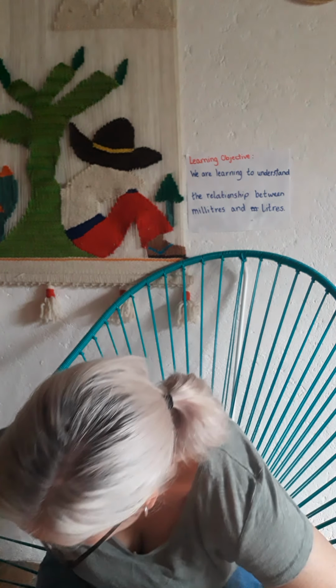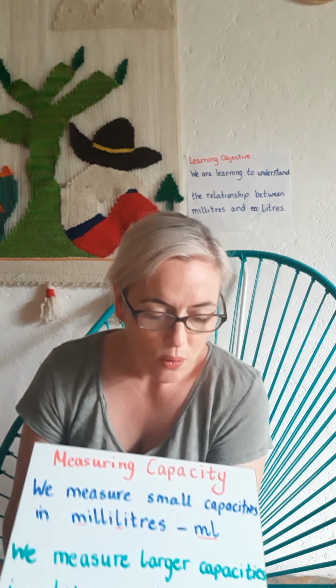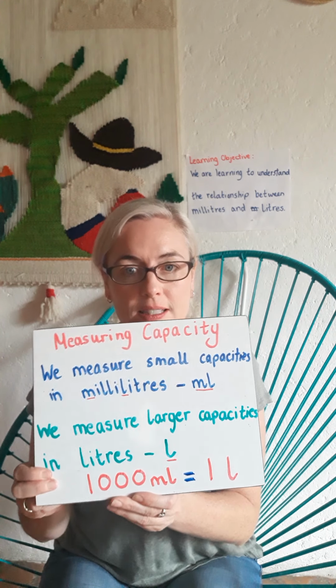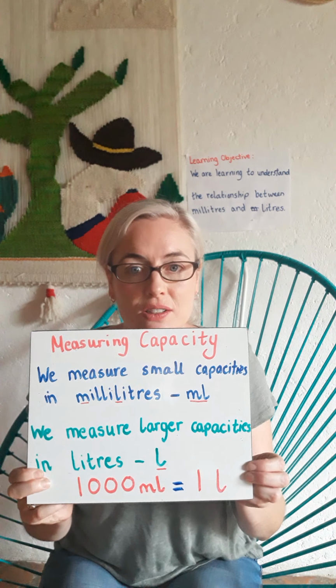Right, so if we're measuring capacity and volume of liquids, what do you think we're measuring? Can you remember? Think about a liquid, think about milk or something. What do we measure milk in? Okay, so measuring capacity, we're going to be measuring today in milliliters and liters.